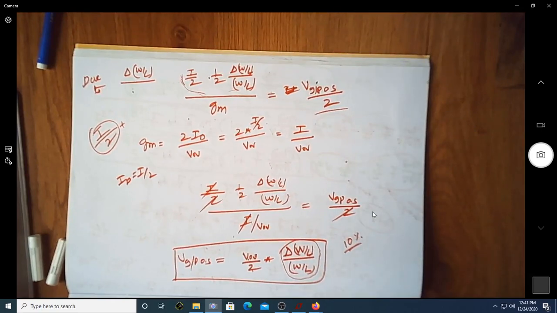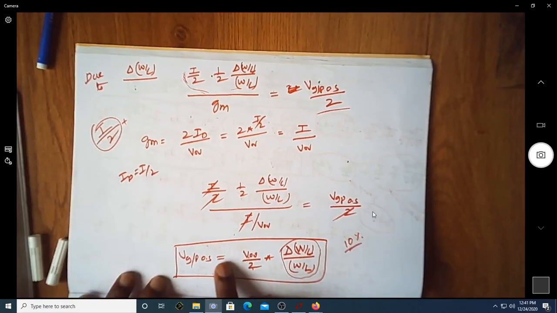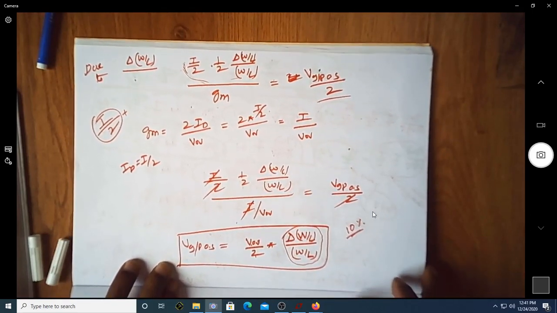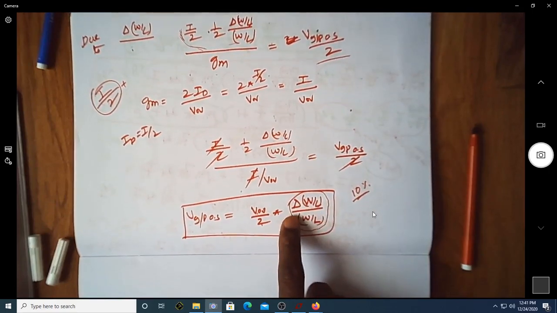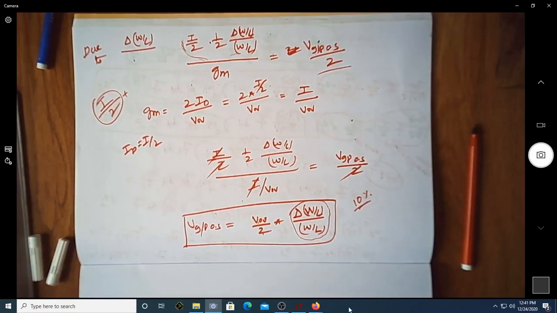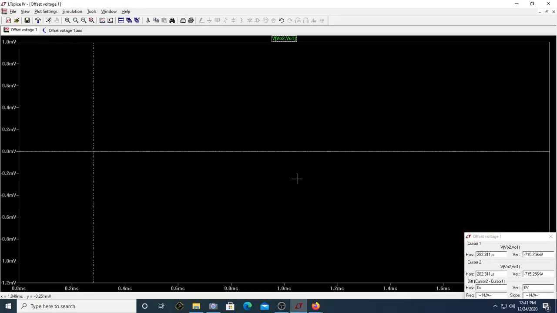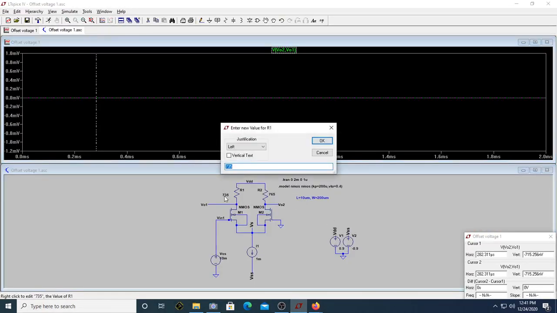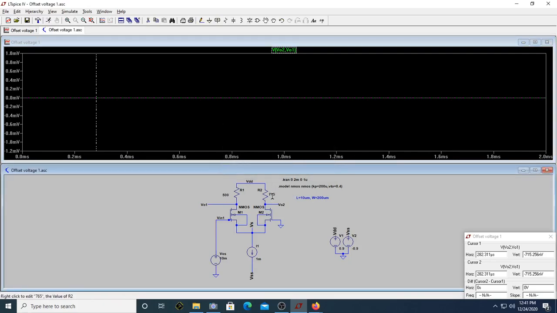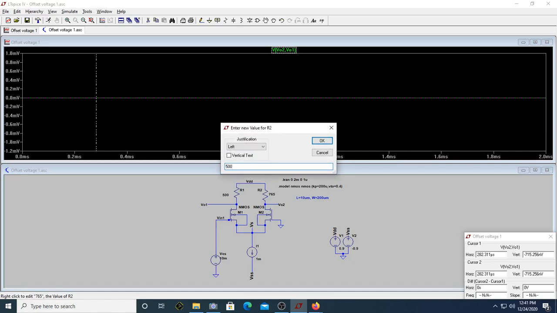So let us do the simulation, try to understand what happens and how we can actually overcome the difficulties that are there in case of a mismatch due to the value of W by L. Let me go to this simulation. Let us make this 500 and this also 500 so that they are perfectly matched in terms of RD.